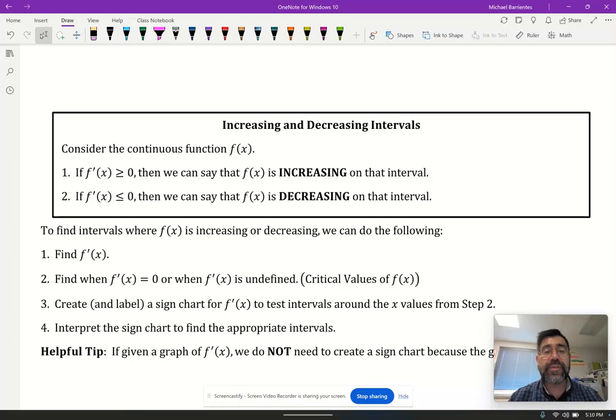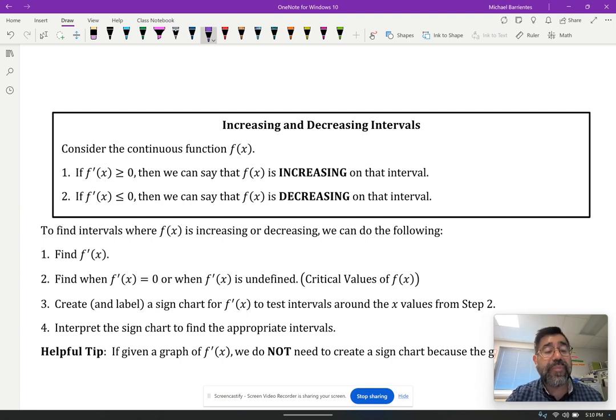So here's the big idea that you need to walk away with whenever you're looking for intervals where a function is increasing or decreasing. If we have a continuous function, again, there's a condition. If we have the continuous function, then if the derivative of the function is greater than or equal to 0, then we're going to say that the function is increasing. If the slope is positive, then the function is increasing.